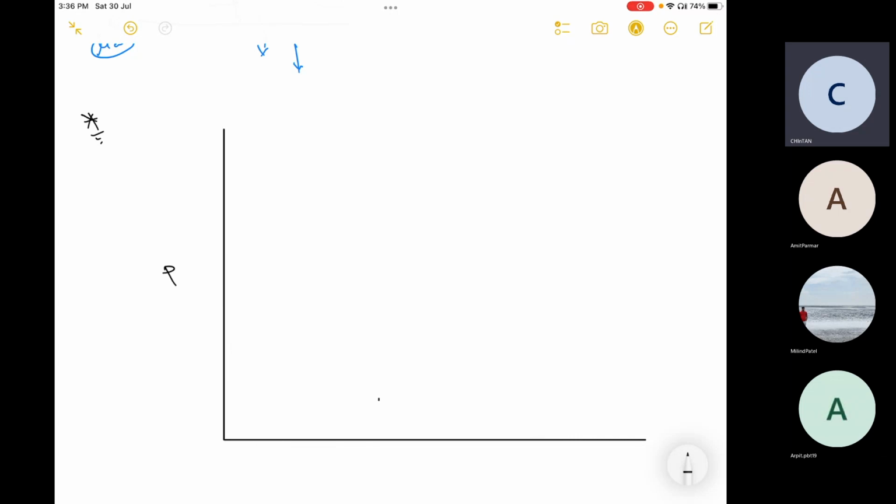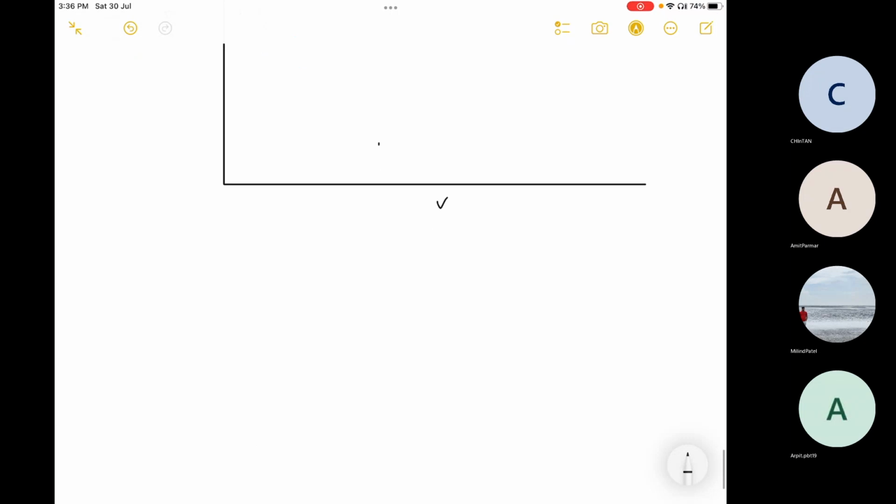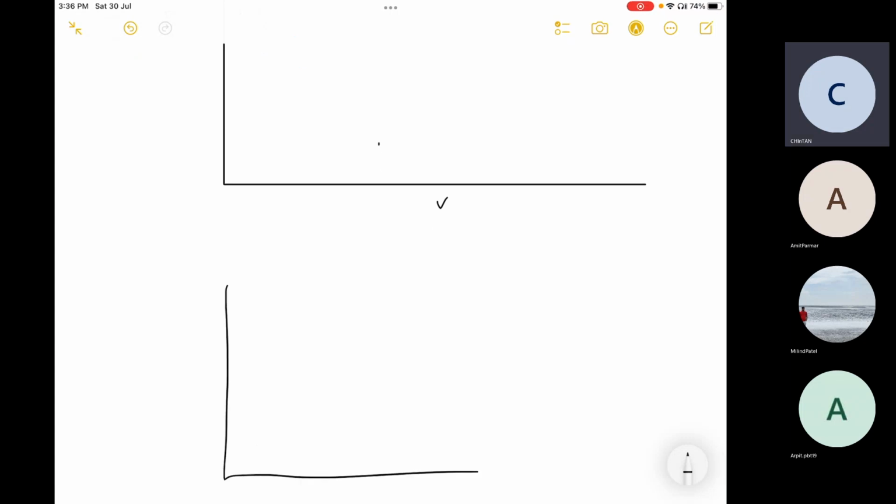So let's suppose we have a pressure versus temperature diagram.